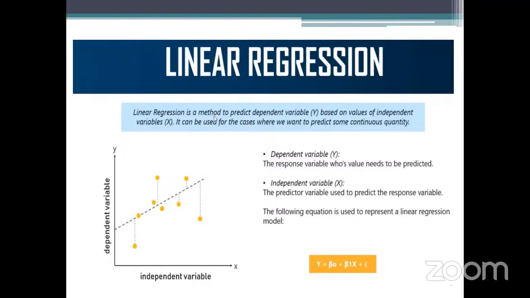Your independent variable is your input variable or your predictor variable. So in your case, the stock price is obviously a continuous quantity, because the stock price can have an infinite number of values.